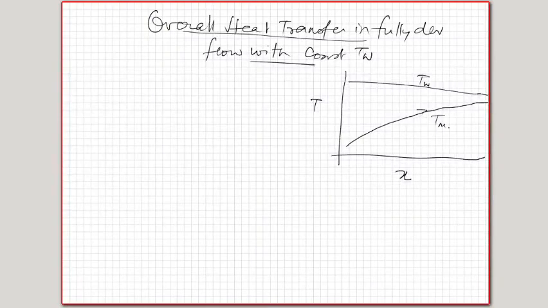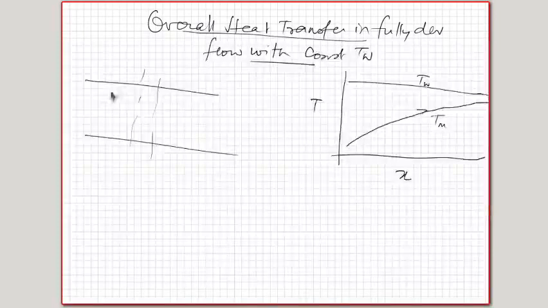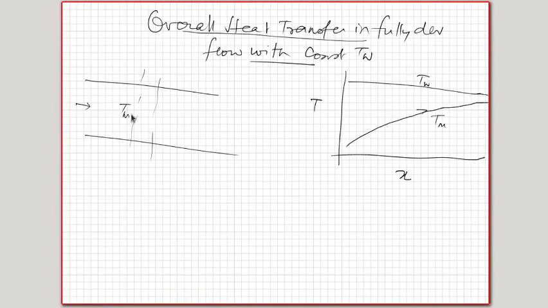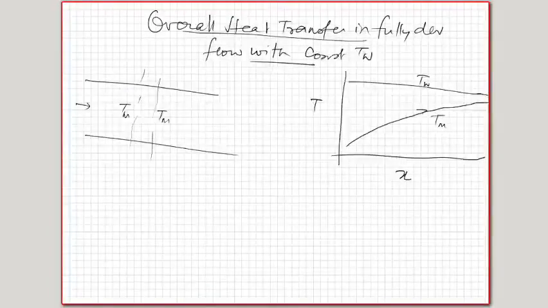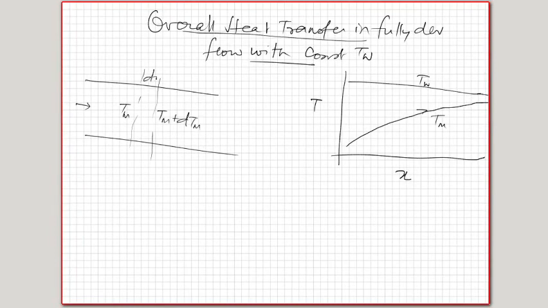This is something that we can actually derive from the expression that we wrote by taking an elemental segment of a pipe in which the flow is going. So let's say the T mean at this location is Tm, and here it is Tm plus dTm over a distance dx, in which there is a wall flux Q wall that's coming in.